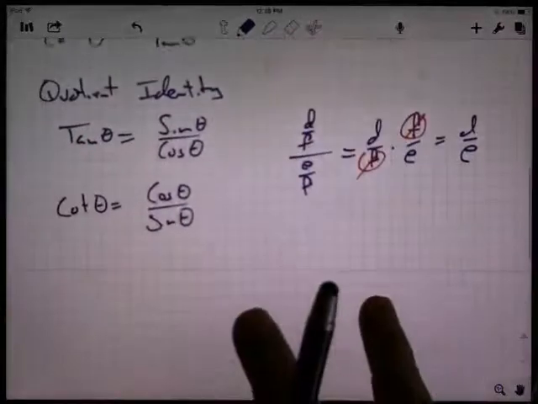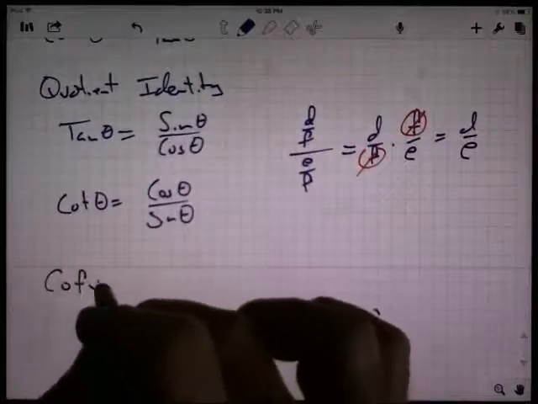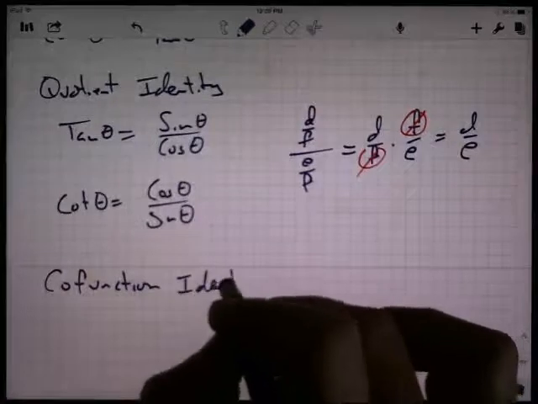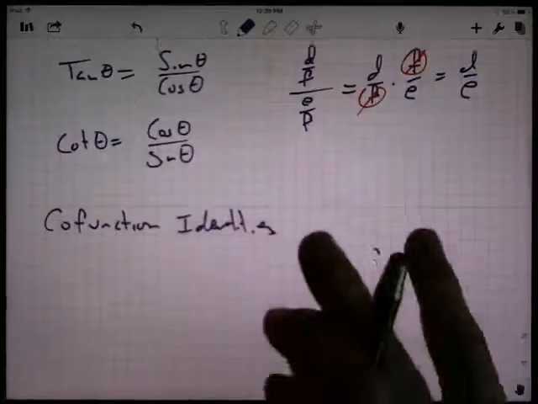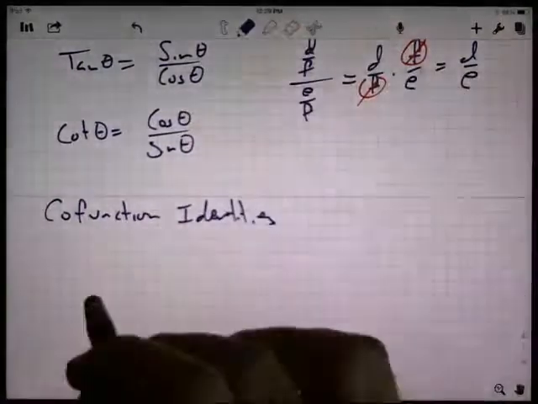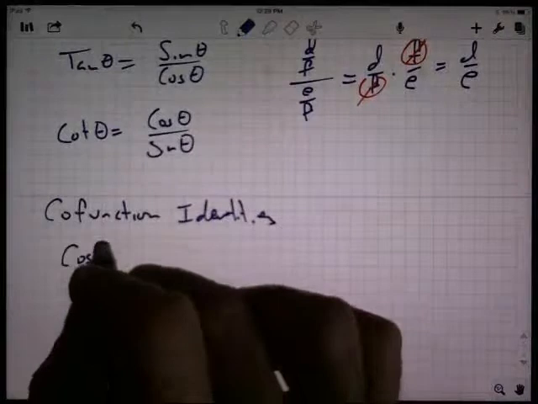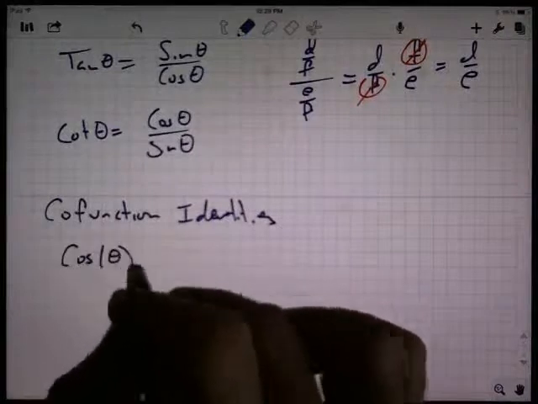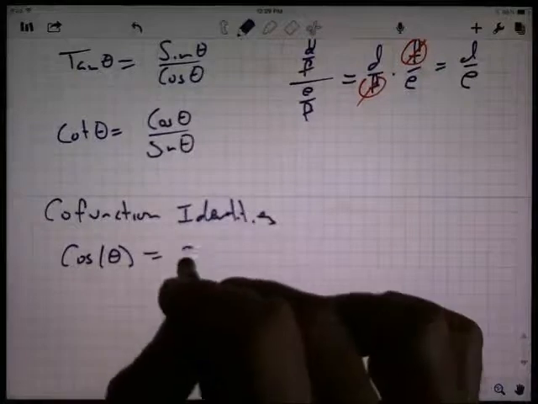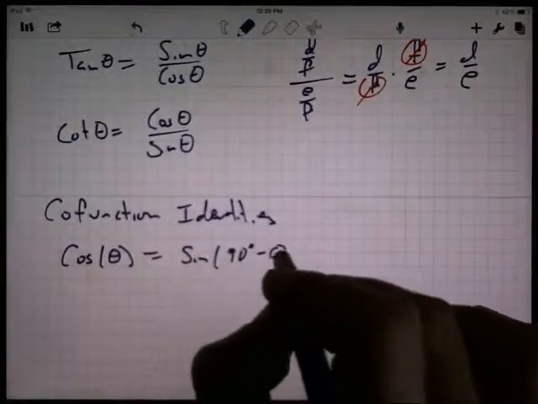These are going to be what I call the cofunction identities. The first one is that the cosine of an angle is the sine of the complementary angle. It's the sine of 90 degrees minus theta.